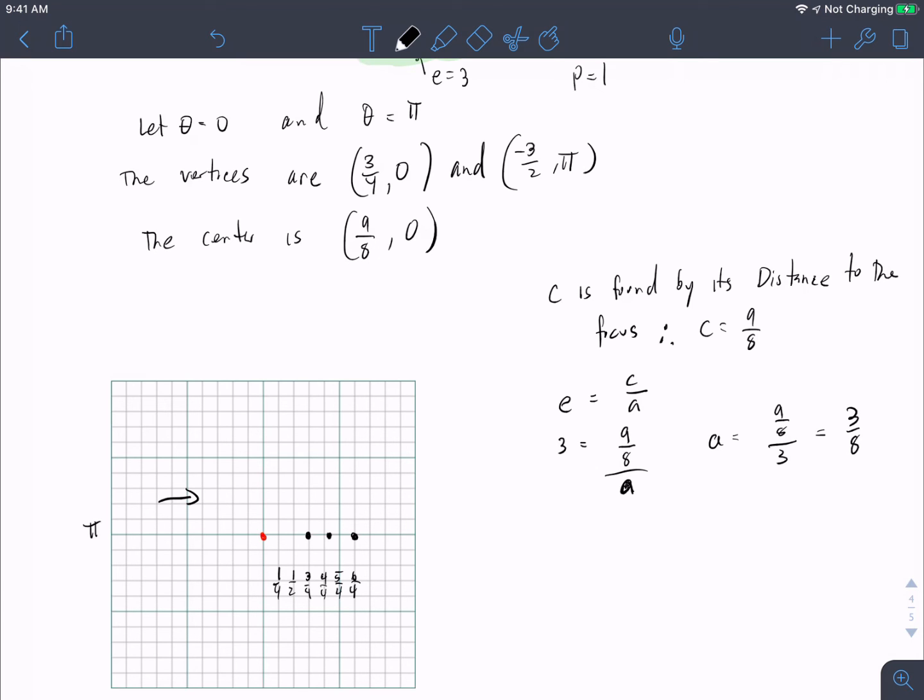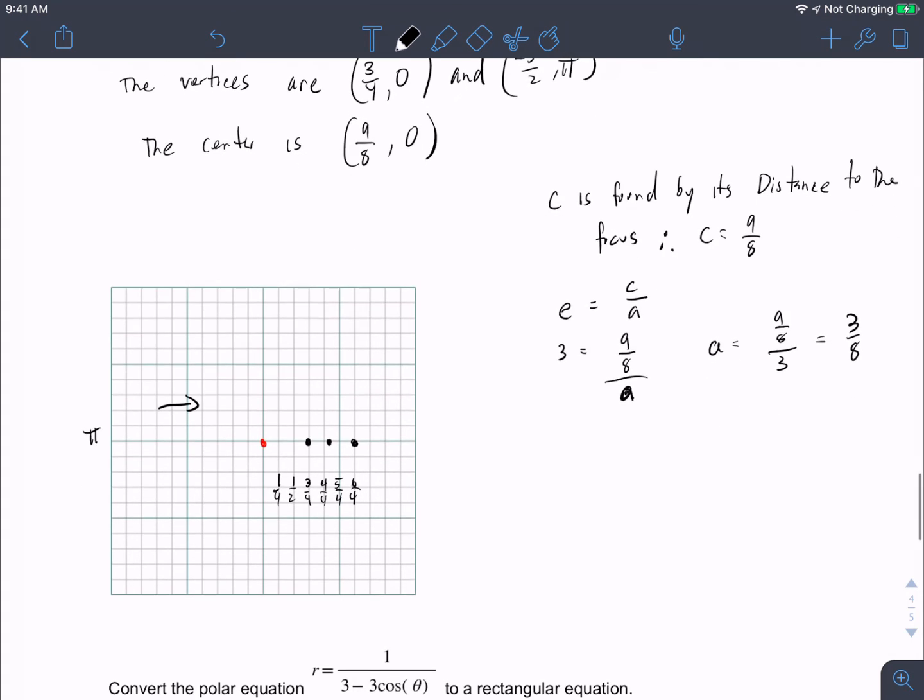So now we have our a and our c. Our b is going to be found by going b squared is equal to c squared minus a squared. So b squared is equal to 9 over 8 squared minus 3 over 8 squared. And then that's going to clean up to be 9 over 8.